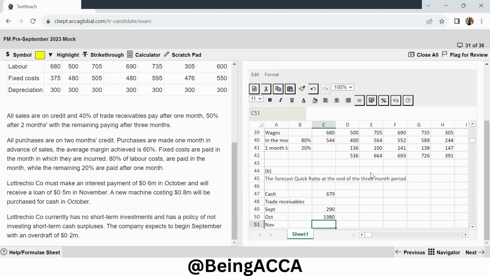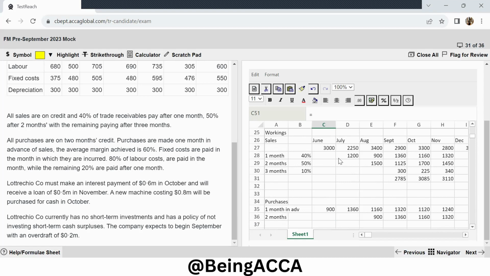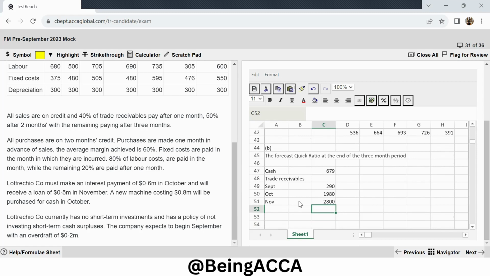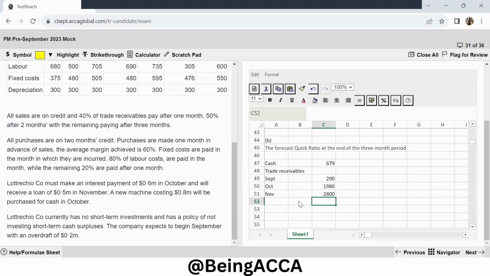And then for November sales, 100% are going to be my receivables, because for the month of November I have not received anything yet, because all of them start to pay either 1 month later. So for November, I will have my entire 2800 as receivables. So this is my total. Now I can sum this up to find out my total quick assets. So this comes out to be this much.